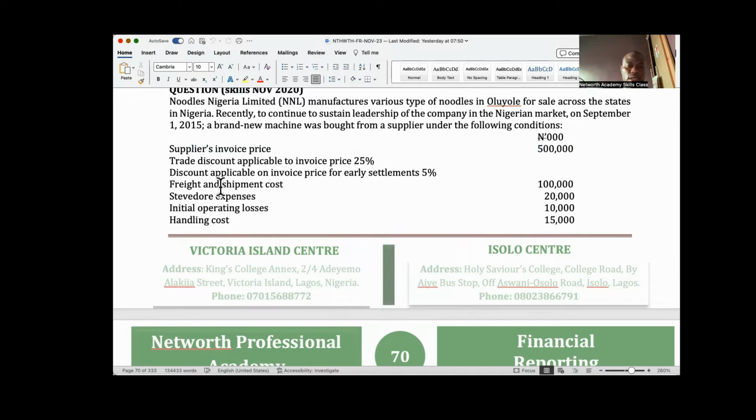Then there is trade discount applicable to invoice price of 25%. So what are we going to do with this trade discount? Are we adding or deducting?